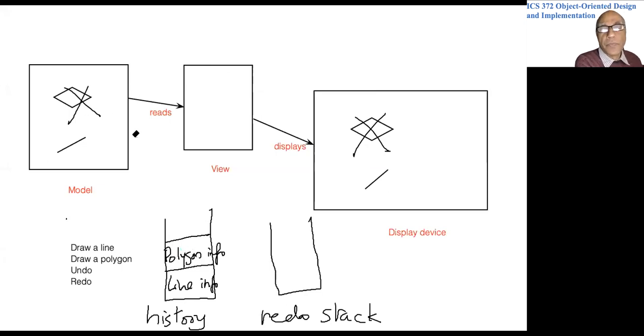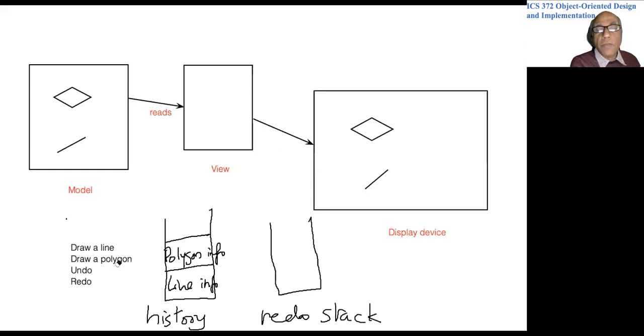And at the same time, this info is used to put the polygon object back into the model, which makes the view display that polygon object again. So we have completed the redo.